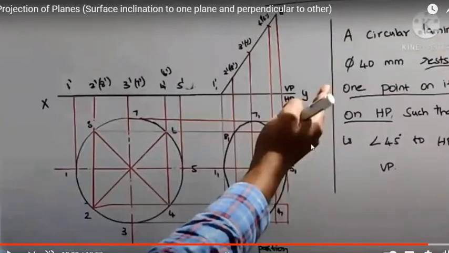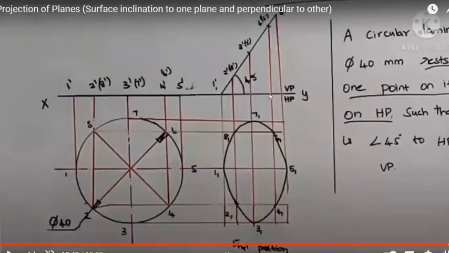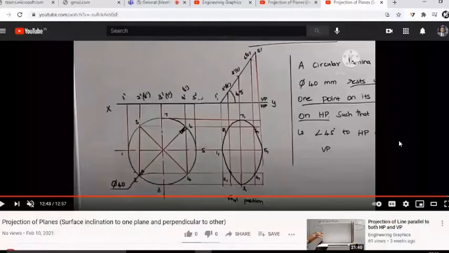Finally, you need to dimension two things: the diameter of the circle and the surface inclination. This is how you solve this problem that has surface inclination, with the plane perpendicular to one plane and perpendicular to the other plane. Okay, any doubts in this?